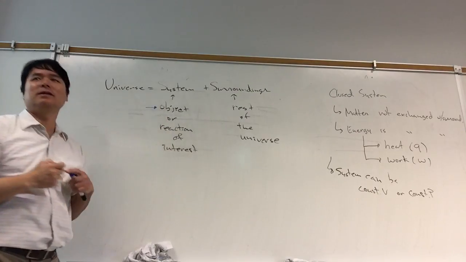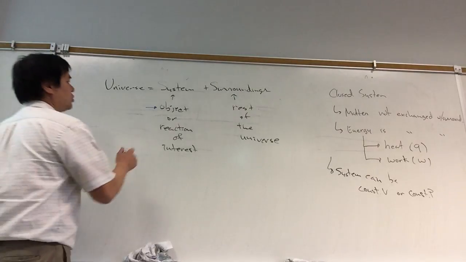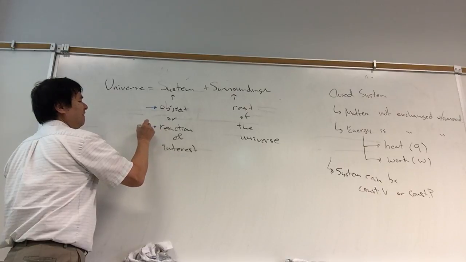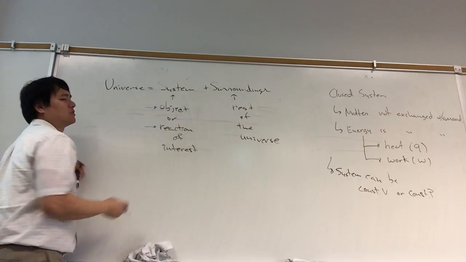An object would be like a block of iron, a chunk of iron. Or is the system a reaction? An object or a reaction? Because we handle these two things totally different.